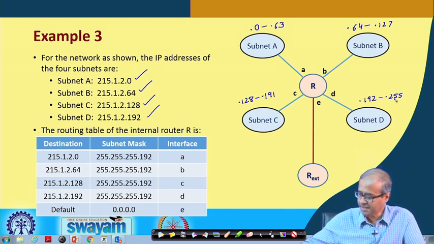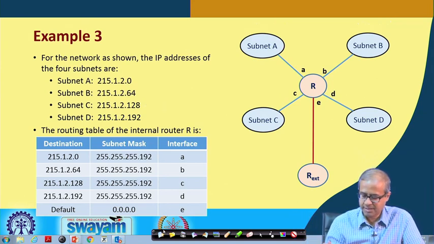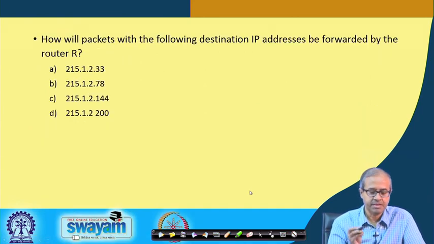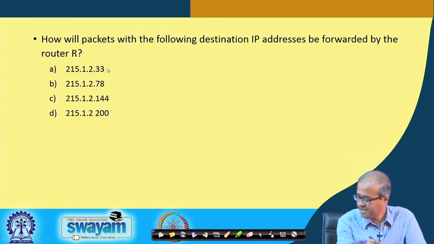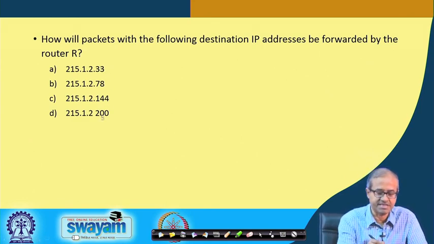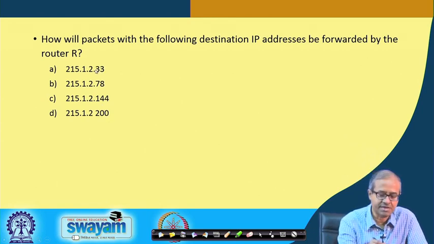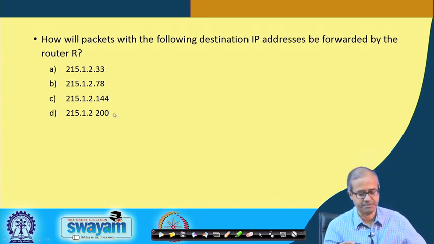Now, suppose some packets are coming. Let us go to the next slide. Here we will work out these examples for these 4 packets. These are the destination addresses, and we will try to find out what will happen. In the first one, the last byte is 33, then 78, 144 and 200.